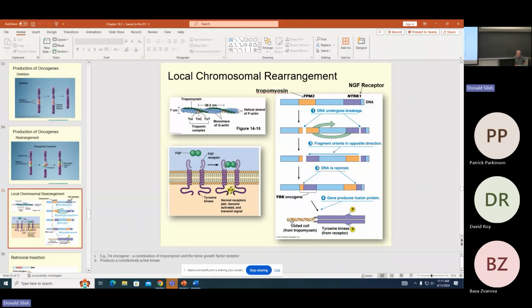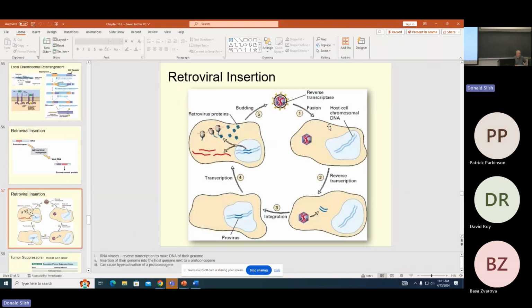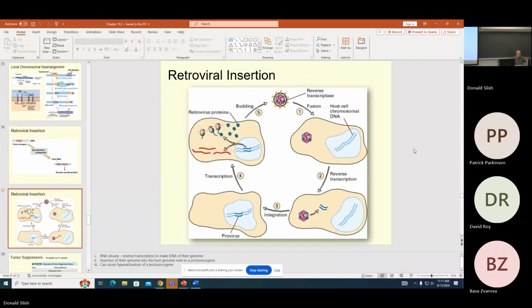And so it's constitutively active because it binds to itself that way. And so this is where we're getting with Tillich's question there. Viral DNA can insert next to a proto-oncogene, and that turns it into an oncogene, so that can happen as well.